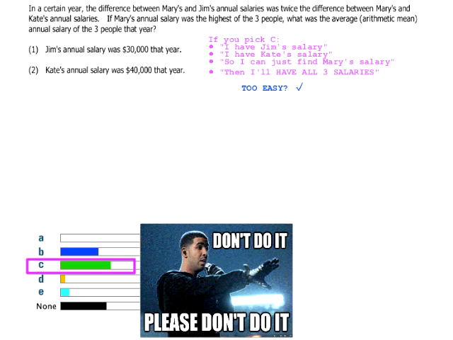Like C would be just, okay, there's a $10,000 difference, so therefore Mary makes $40,000 plus $10,000. That's much easier than anything even in the very beginning of the OG.